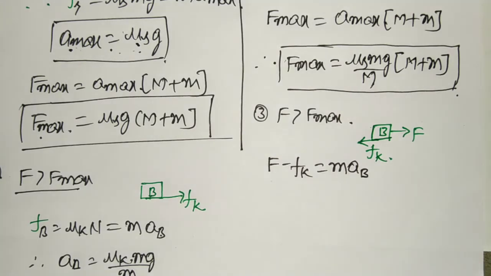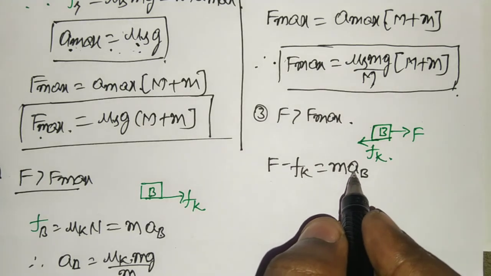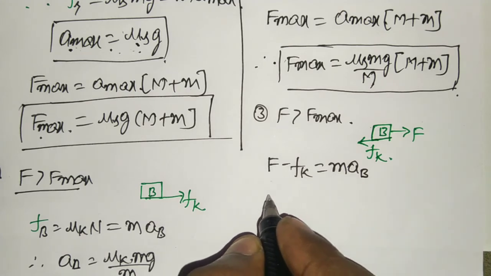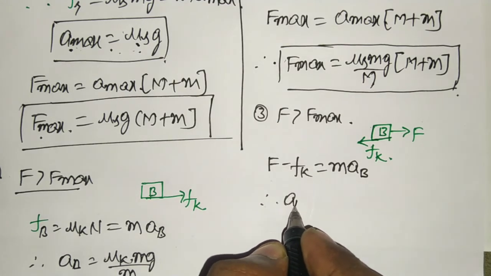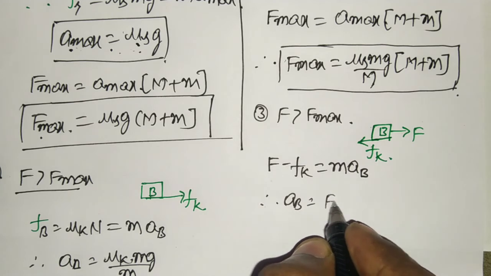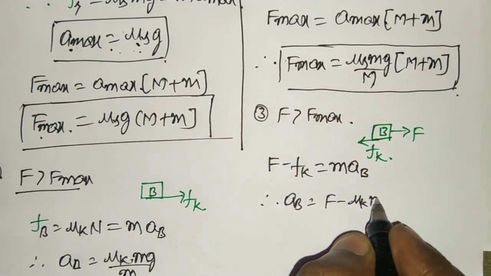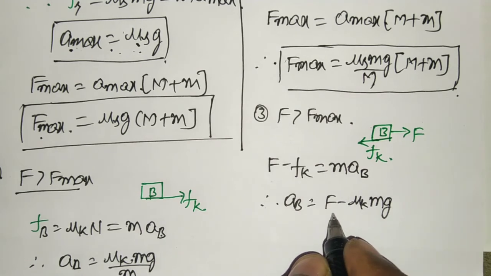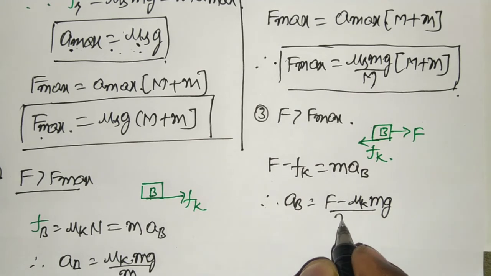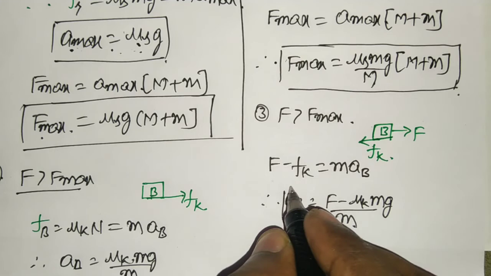Once they start to slide with respect to each other, their accelerations are not the same; they will be different. So that's why I am taking the acceleration of B as aB. Therefore, the acceleration of B is equal to applied force minus the kinetic friction force, mu k into small m into g, divided by small m. This is the acceleration of B.